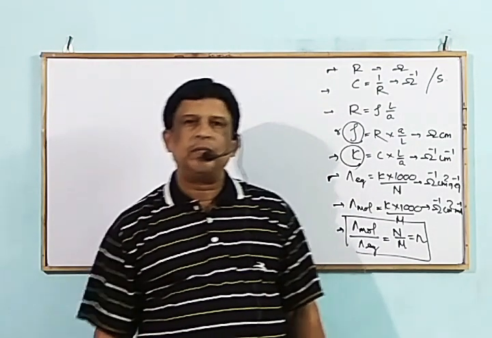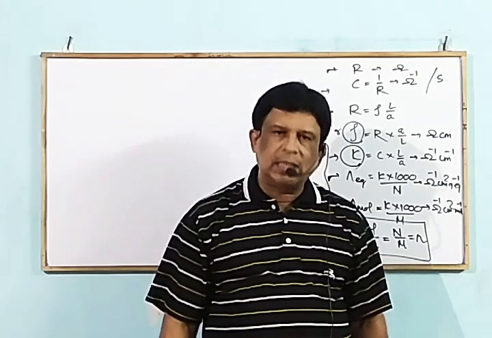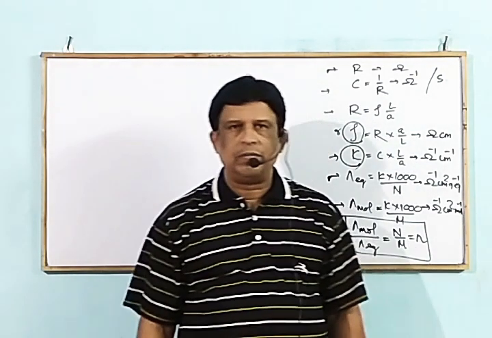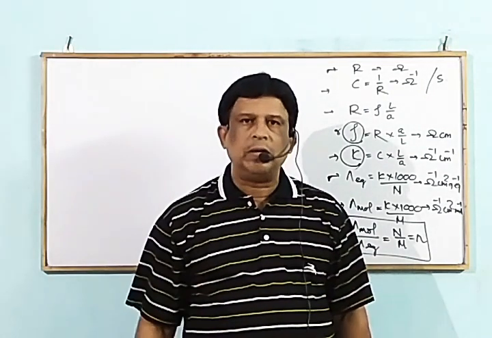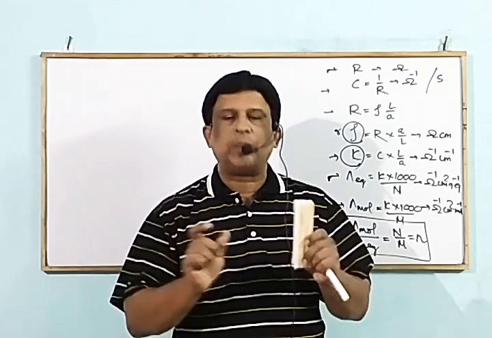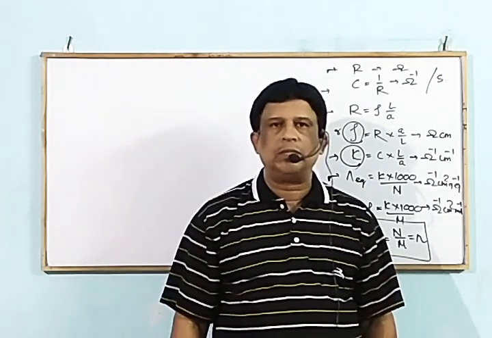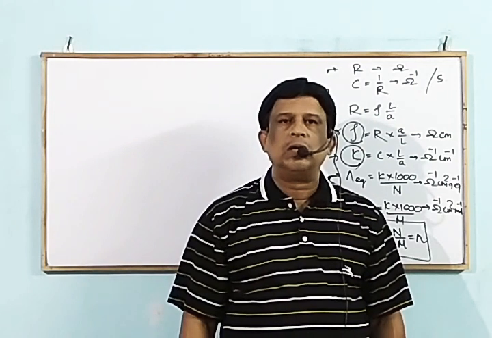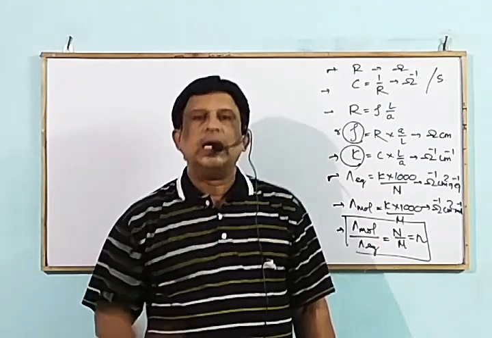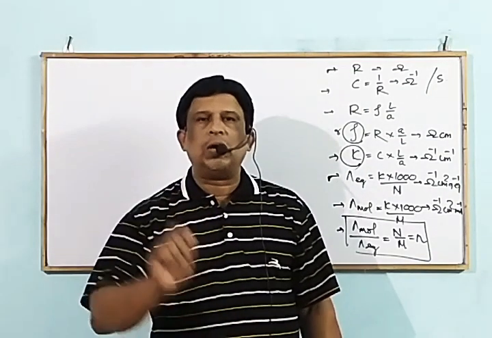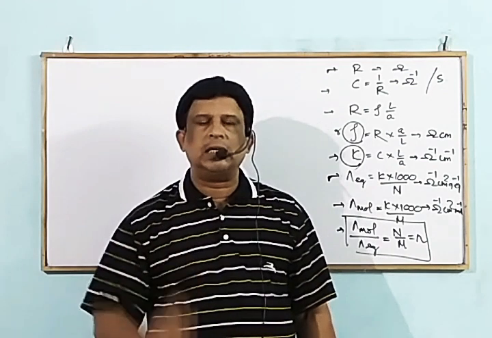On the other hand, specific conductance decreases with increasing dilution, because as per the definition, on increasing dilution the number of ions present in 1 cubic centimeter of volume decreases. So we draw one conclusion: on increasing dilution, equivalent conductance and molar conductance increase while specific conductance decreases.